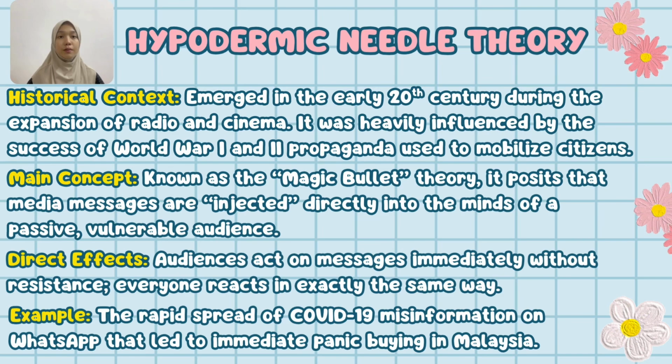The core concept is that audiences are vulnerable and lack the critical thinking to resist media messaging. For a Malaysian example, we saw this during the COVID-19 pandemic. Unverified messages on WhatsApp about food shortage led to immediate and uniform panic buying across the country, showing how direct media messages can trigger mass uncritical responses.